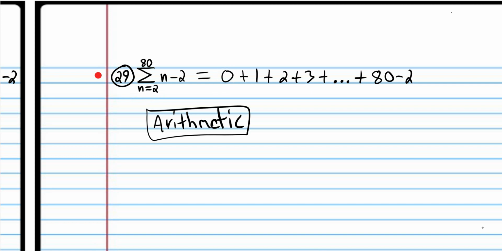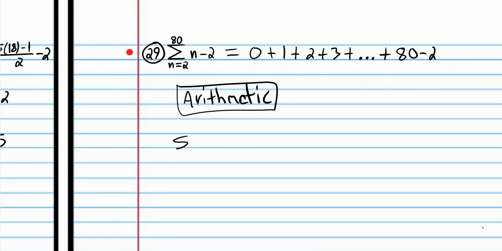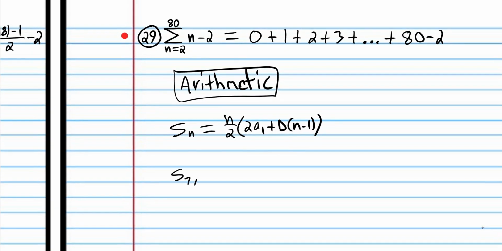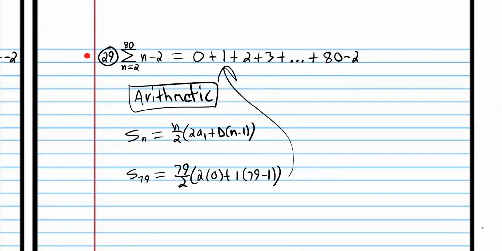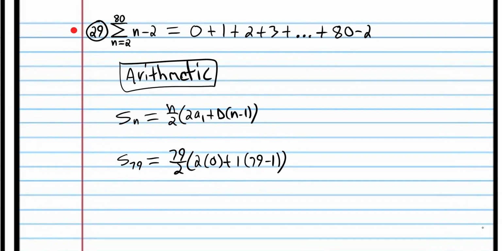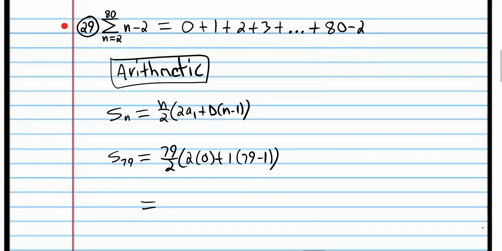So again, if the first term is 0, we're adding 79 terms. But if 1 were the first term, we'd actually be adding 78 terms. So you have to be careful about that.